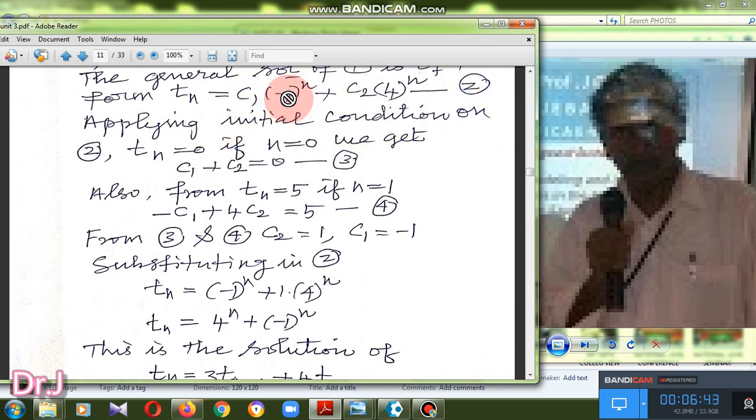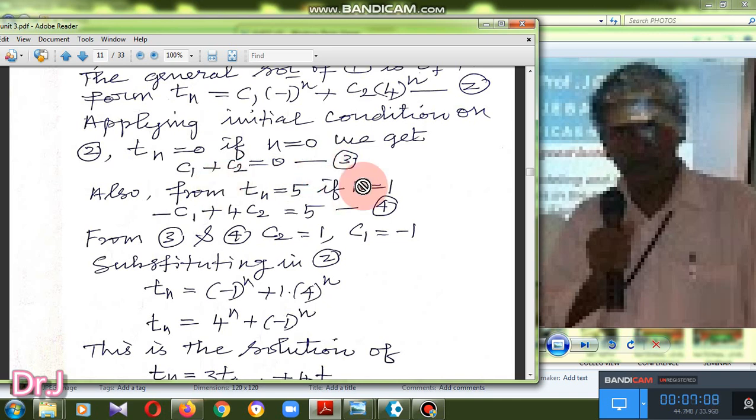You will get C1 into minus 1 to the power 0 plus C2 into 4 to the power 0 equals 0, so C1 plus C2 equals 0. When we substitute this initial condition in the solution, equation number 2, we get equation number 3.